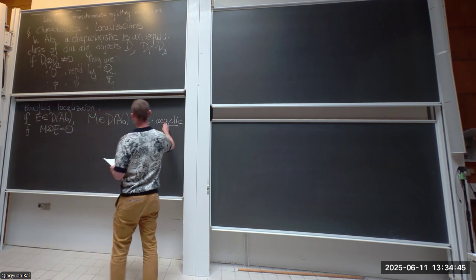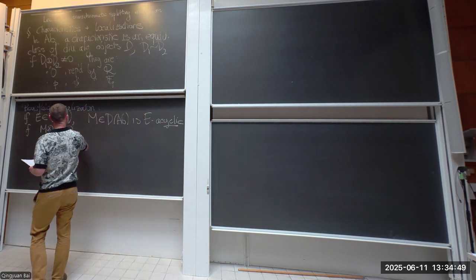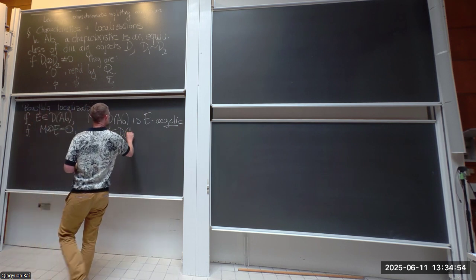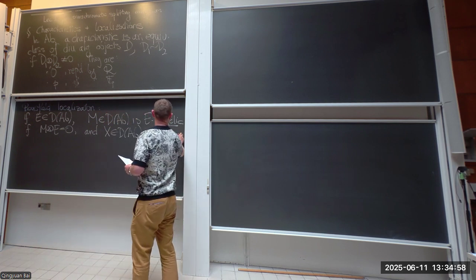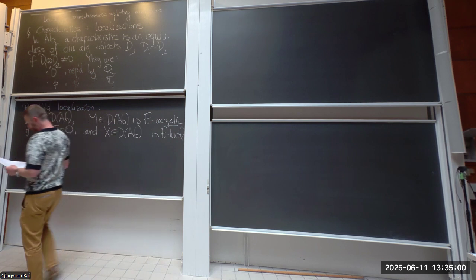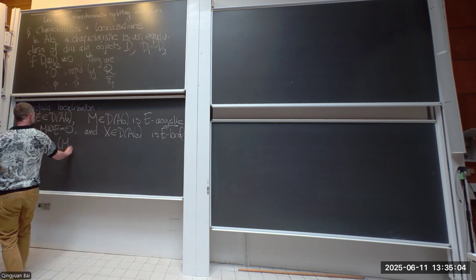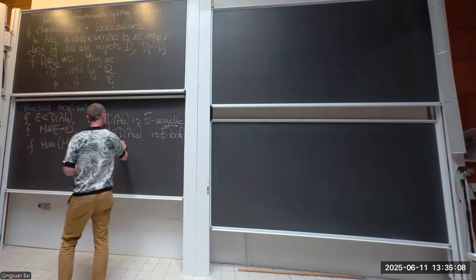This tensor product is derived, yes. And another object called X is E-local if there are no non-trivial homomorphisms from any E-acyclic object to it.